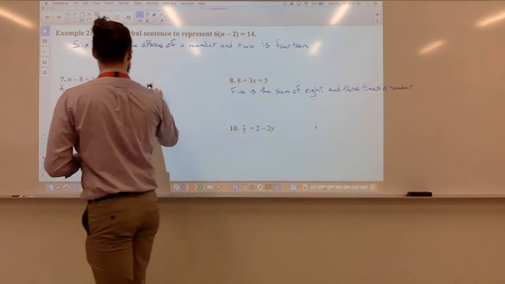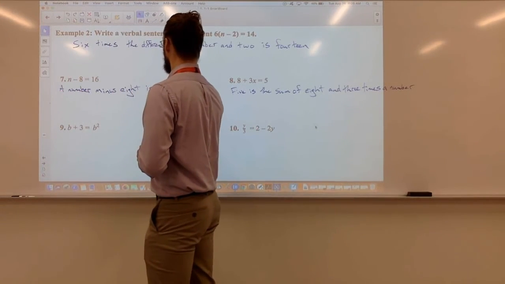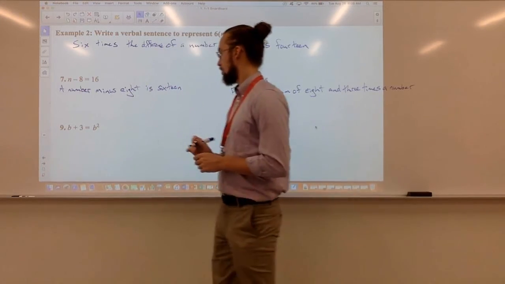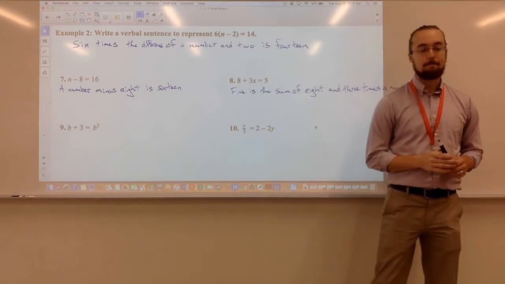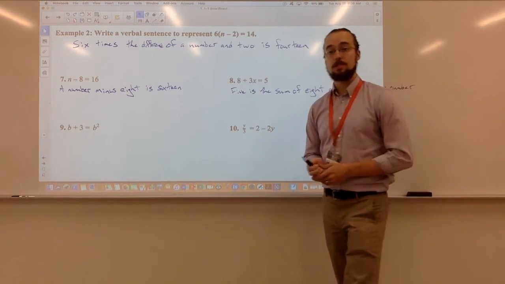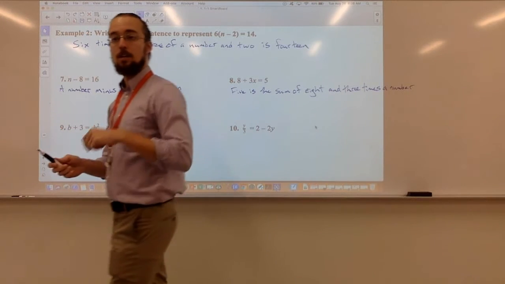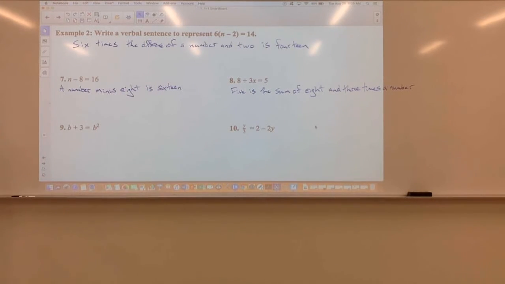Did anybody have anything different? 8 less than a number is 16. That works too. Deb? The difference of a number and 8 is 16. Yeah, that definitely works too. So multiple correct ways to do this.